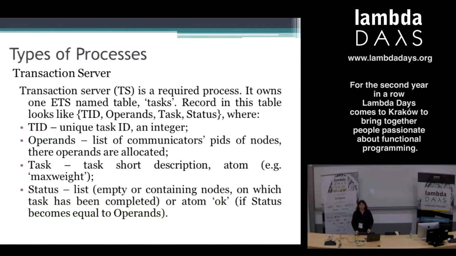And status, by default it's a list, and when a task has just started it's empty, but if one node executed its task and sent a message to transaction server that okay, here is the result, I have performed it, the transaction server adds this node name, its symbolic node name, to status, and it can be atom okay when all nodes completed their task.